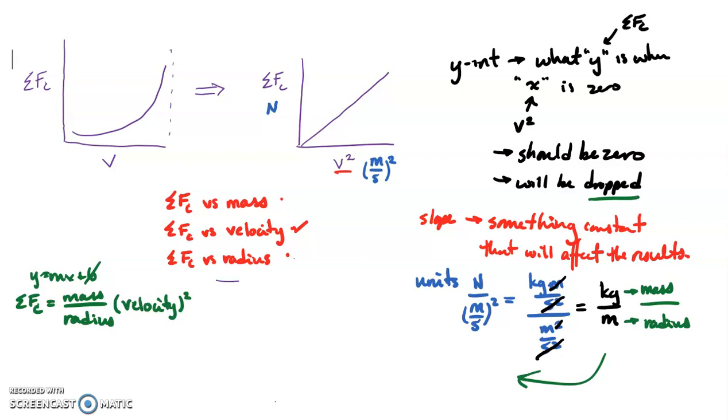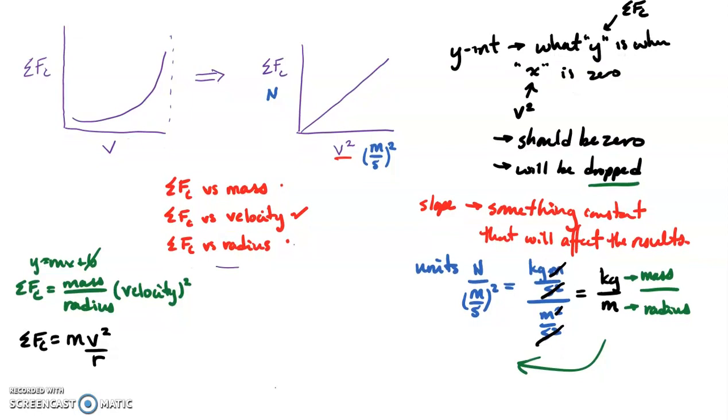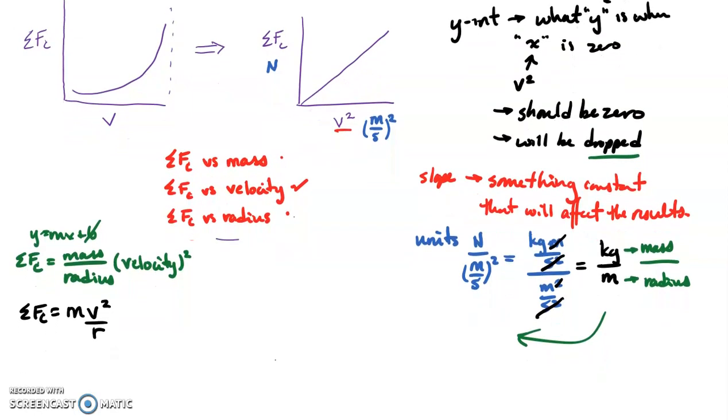I'm going to rewrite it out in symbols only. So we're going to have centripetal force, and I'm going to do a little rearranging here: m v squared over r. Now the reason why I'm going to do that rearranging is because this should look somewhat familiar.